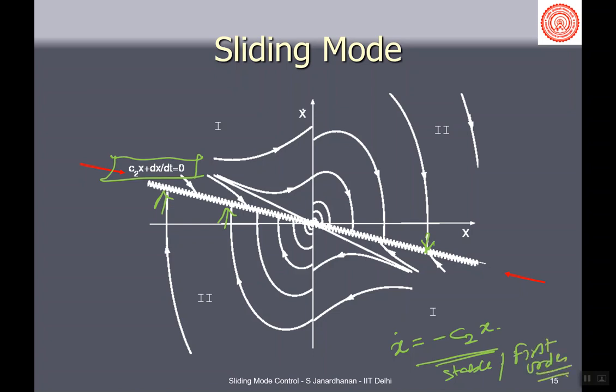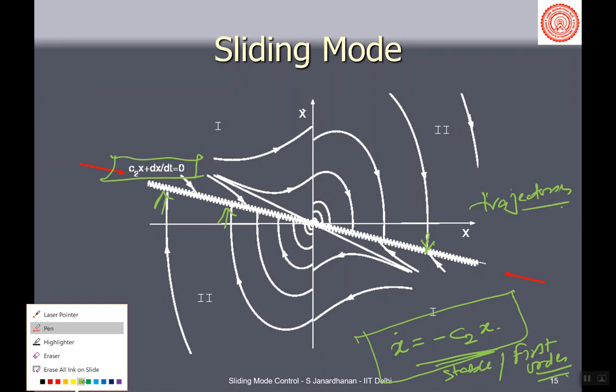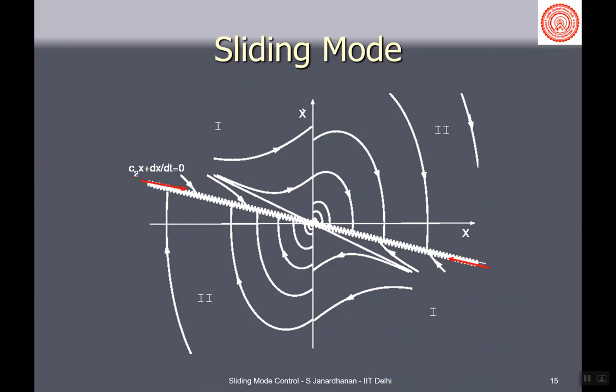We had started with a second order system, and the behavior that we are getting is a stable first order system. And it is obvious that the trajectories in a second order system and the trajectories in a first order system are definitely different. What you have here is a motion along this particular line.